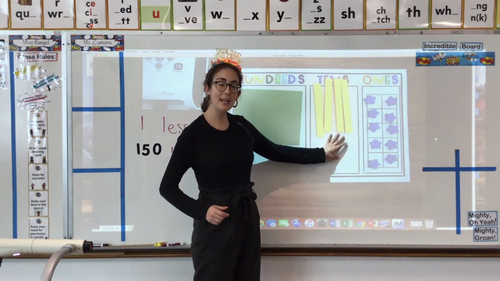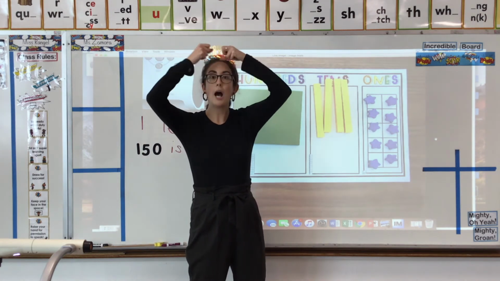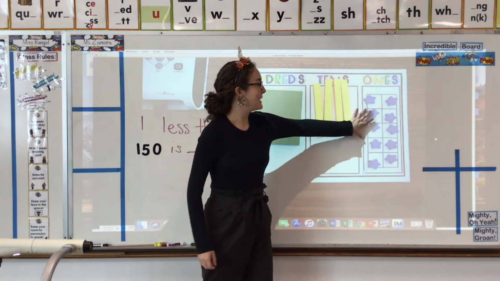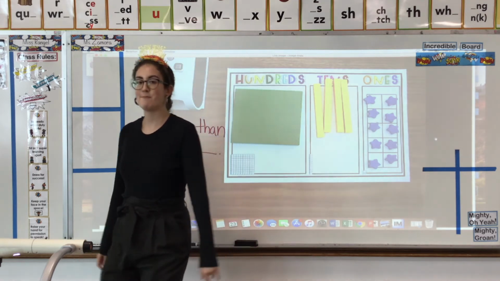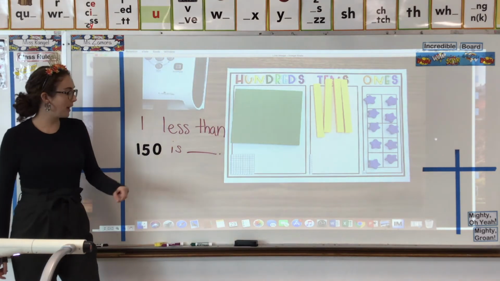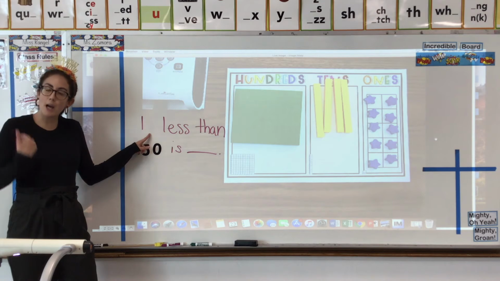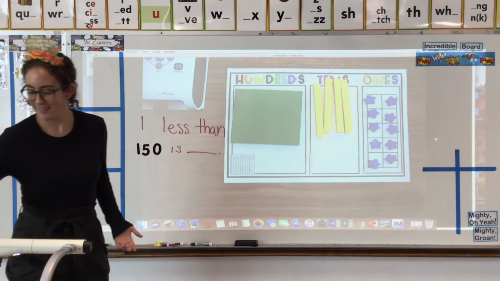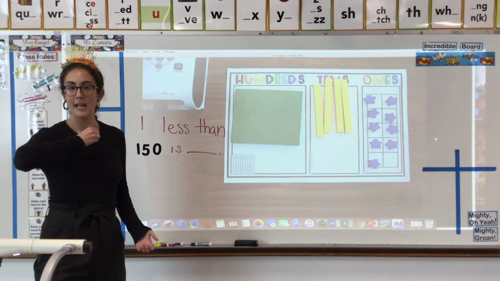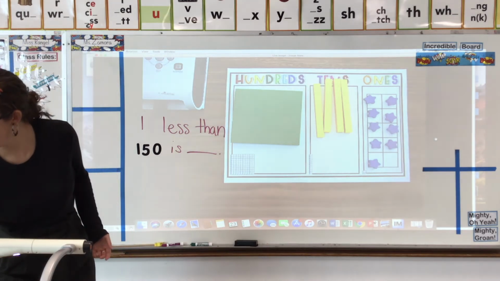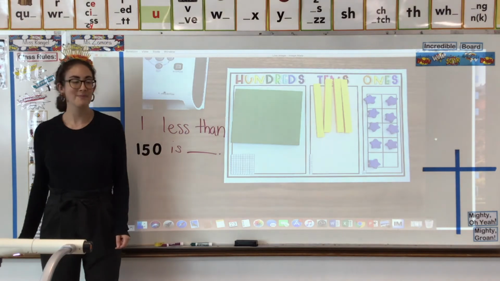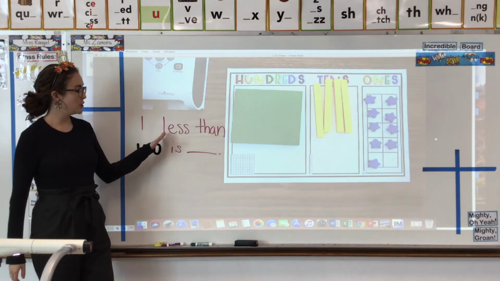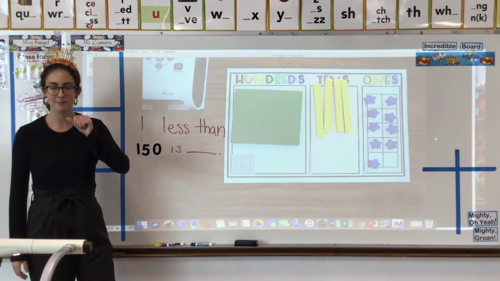We took a 10, a larger unit, unbundled it to make 10 of a smaller unit, 10 ones. So now, super scholars, can we take away a 1? Yes, we can. So go ahead and do that. Take away a 1. Okay, awesome. So now we were able to do 1 less than.